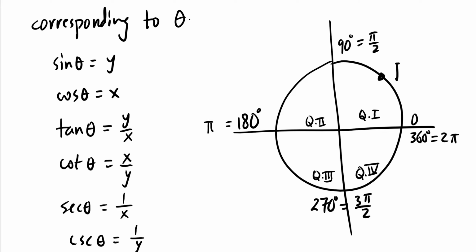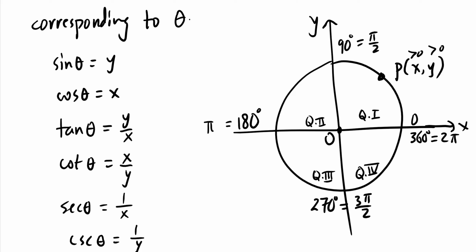I'm going to pick the point P here, x, y, in the first quadrant. Remember, this is the origin, and this is the x-axis, y-axis. In that quadrant, if I plot any point, both x and y are going to be positive.